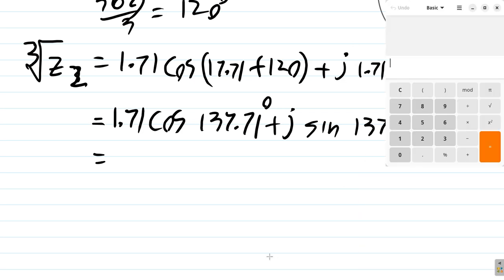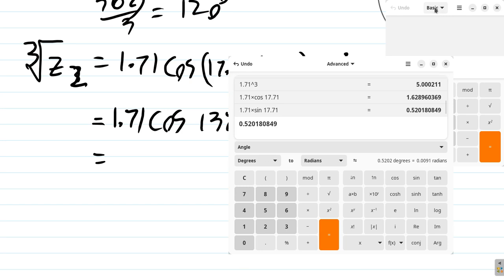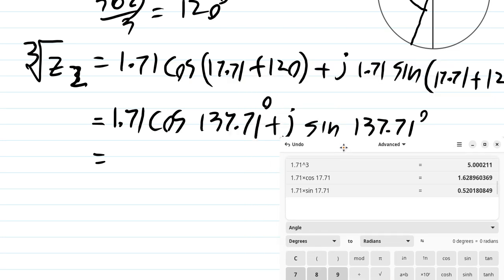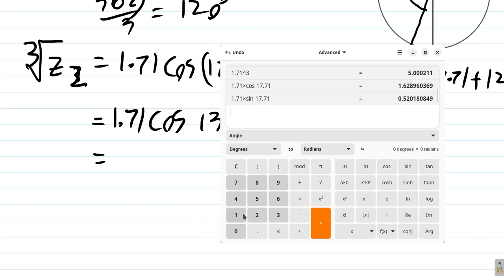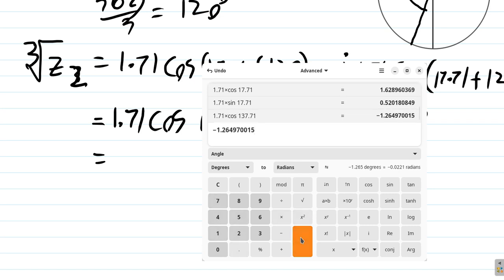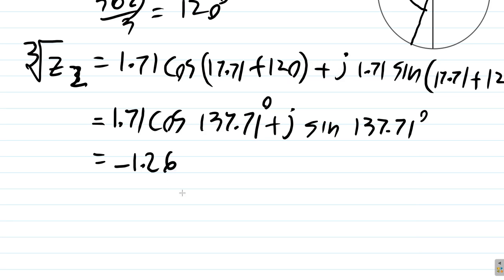So back to our calculator. So we have here 1.71 times cos 137.71, okay, negative 1.26, negative 1.26 plus j.